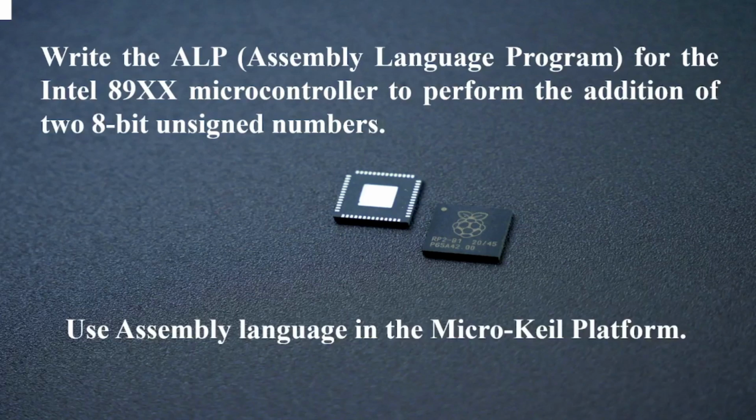Our goal is to develop an assembly language program tailored for the Intel 51 series microcontroller aimed at adding unsigned 8-bit numbers. This programming task will be accomplished utilizing either the student version or the evaluation edition of Micro Keil 5.